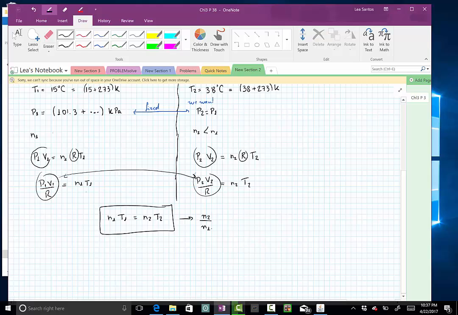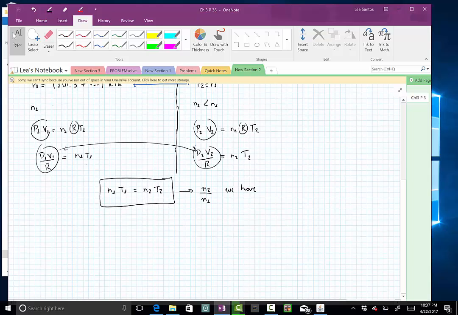But this is not really the question of the problem. What they want to know is what fraction of the original air must be removed. This is what we have, but we want to know what is the fraction that has to be removed. So we want to know what is 1 minus N2 divided by N1.